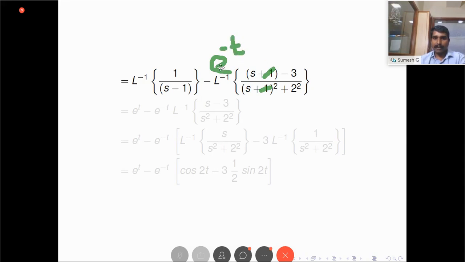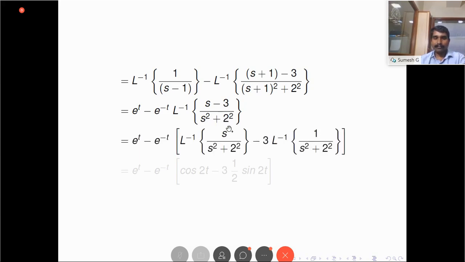By multiplying by e raised to minus t, this plus 1 cancels. It becomes e raised to t minus e raised to minus t into the inverse of s minus 3 divided by s square plus 2 square. Again, the denominator is of the form s square plus a square, so we have to split the expression again. Now we can find the inverse directly.